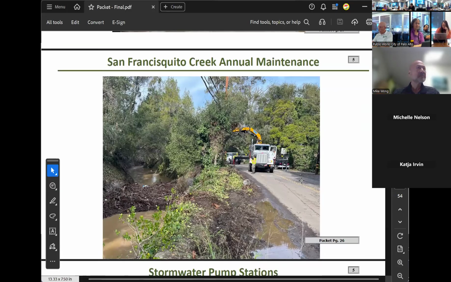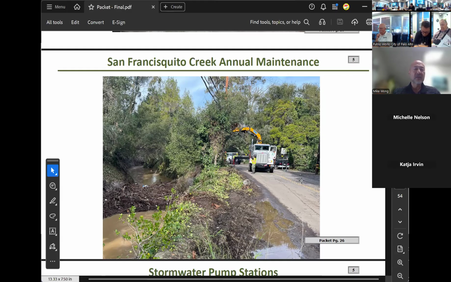So, FSC Creek annual maintenance. Some of you may know this is a multi-jurisdictional effort by multiple agencies like Menlo Park, East Palo Alto, City of Palo Alto, Valley Water, and some other agencies, but it's all coordinated by the Joint Power Authority, JPA.